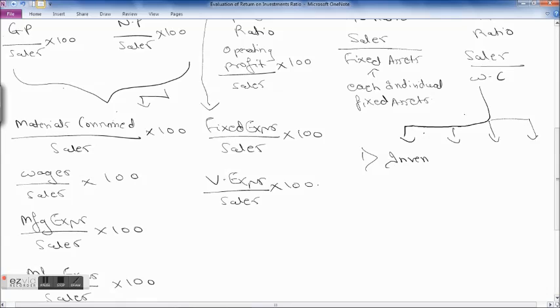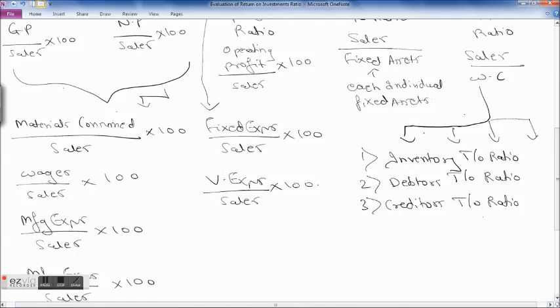One is the inventory turnover ratio, then your debtors turnover ratio, and one is your creditors turnover ratio. So this is how you evaluate your working capital.